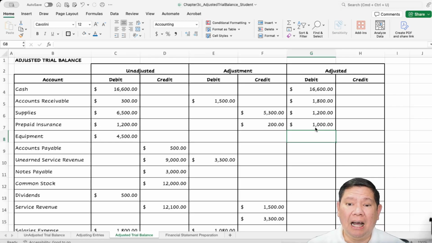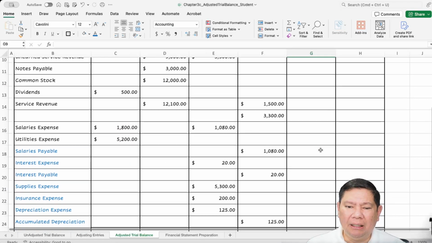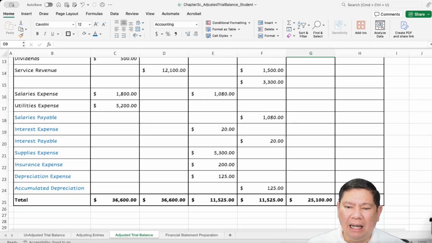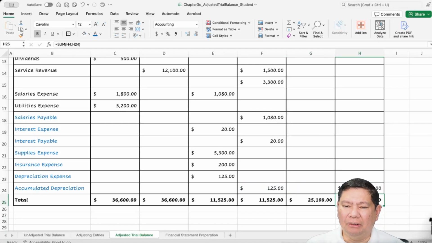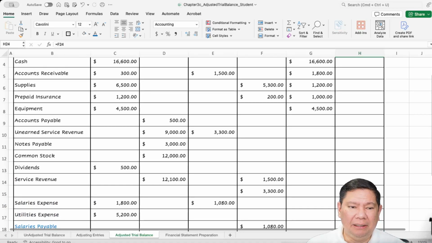So you see how the adjustments change the balance sheet accounts. Equipment is still reported at cost, but remember, we have this accumulated depreciation as a contra account. So that will be there.